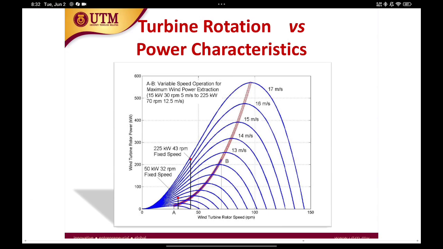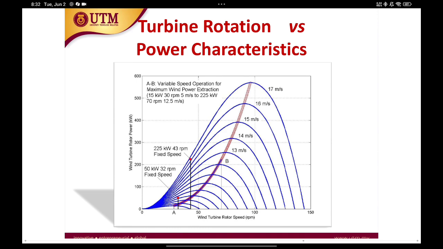This one is basically wind turbine rotor speed against wind turbine power. For this, make sure you know how to draw. If they ask the rotation speed versus power characteristic using MPPT, make sure you know how to draw.